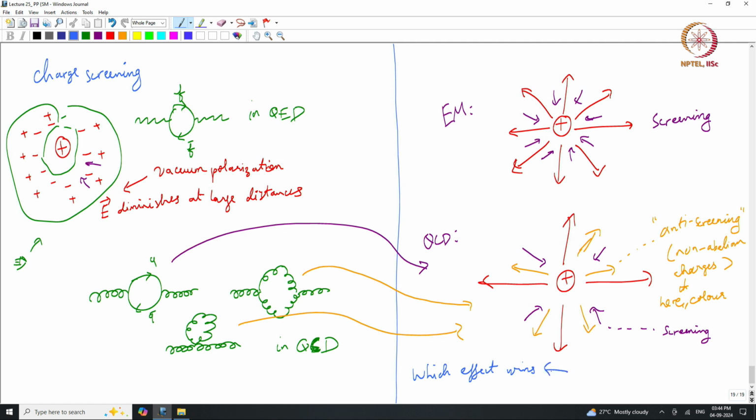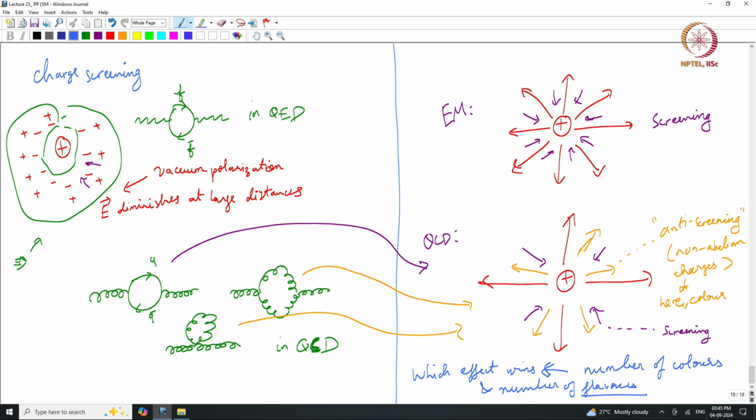It comes from the number of colors, but what else can it depend on? You must have seen this formula in Griffiths, right? It's not just the number of colors, because the number of colors determines how many kinds of quarks I can split off. It depends on what that SU(N) is, but also the number of flavors.